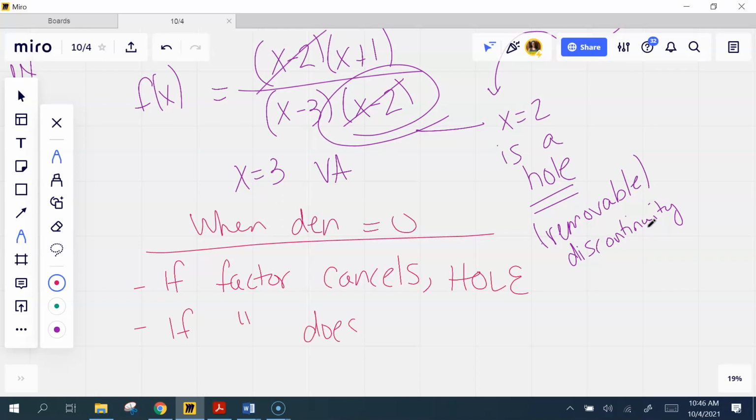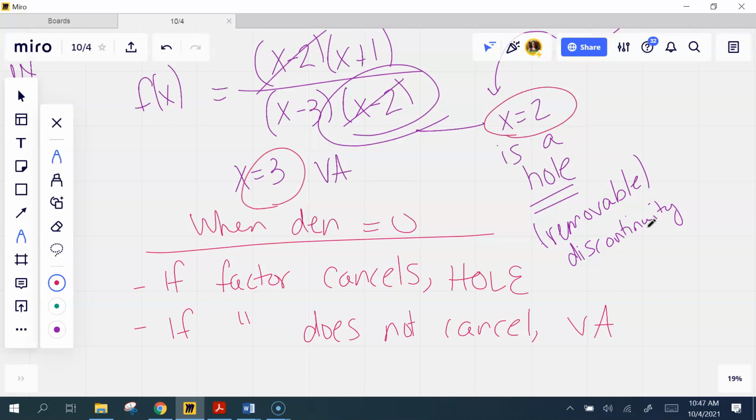The factor does not cancel, it's a vertical asymptote. It's still not a part of my domain either way. Either way, if I were to write the domain of this, I would have to leave out both 3 and 2, but they're different types. Does that make sense?